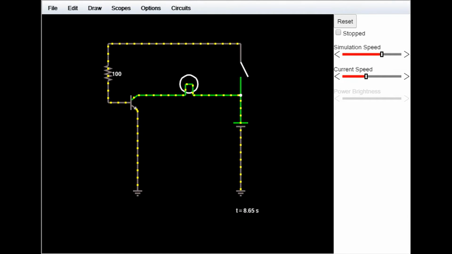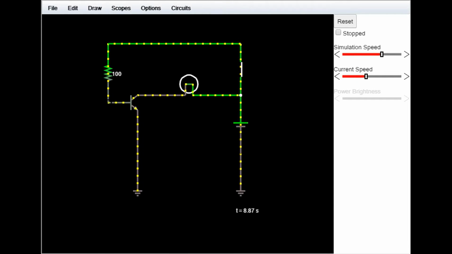Now take a look at this version of the same circuit. I've removed the switch and I've replaced it with a transistor. And of course the transistor has a third wire, the base, which needs to be plugged into something. So I've plugged it into the positive power supply here. This line right here is the positive line through a switch. And you can see what the transistor does here when I close this. It actually acts as a switch. All right.